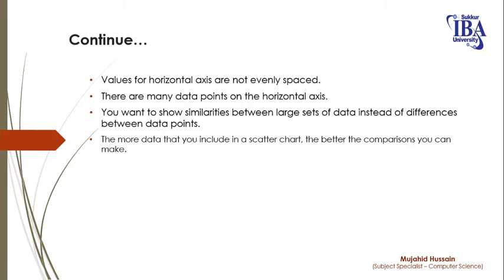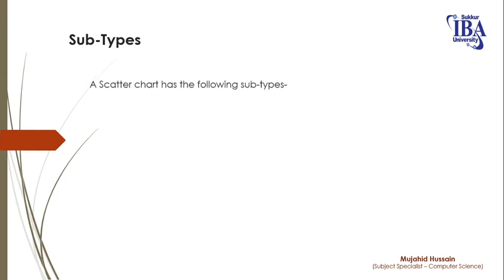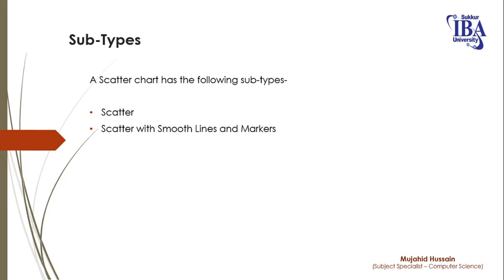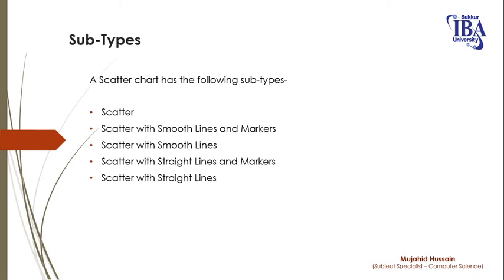And if you want to adjust the independent axis scales of a scatter chart to reveal more information about the data that includes pairs or grouped sets of values, then you can use this scatter chart easily. Scatter charts also have subtypes: scatter with smooth lines and markers, scatter with smooth lines, scatter with straight lines and markers, and scatter with straight lines.